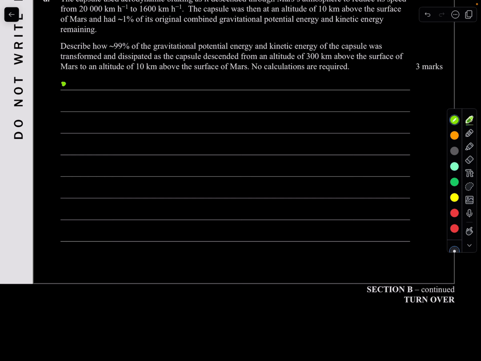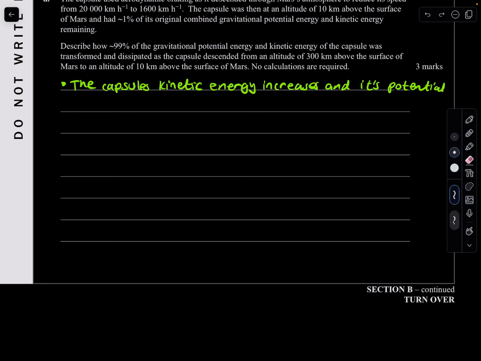So let's write, what are we saying? We're going to say the capsule's kinetic energy increases and its potential energy, not potential, be careful, just make sure you write gravitational potential energy specifically.